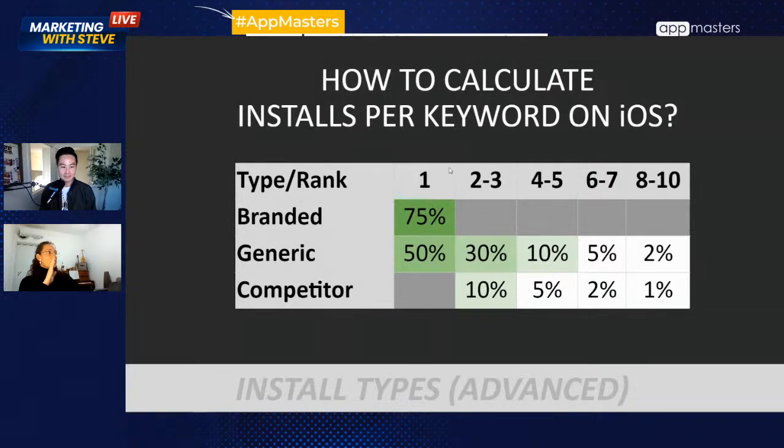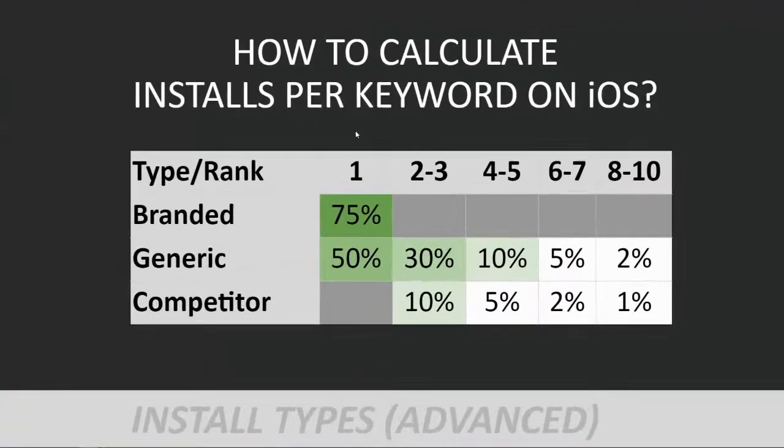So if you work with AppTweak, you would actually get an estimate of how many installs a keyword would generate inside the App Store for all apps. It's called all installs, and it's quite accurate. I found that it's very accurate in the US.